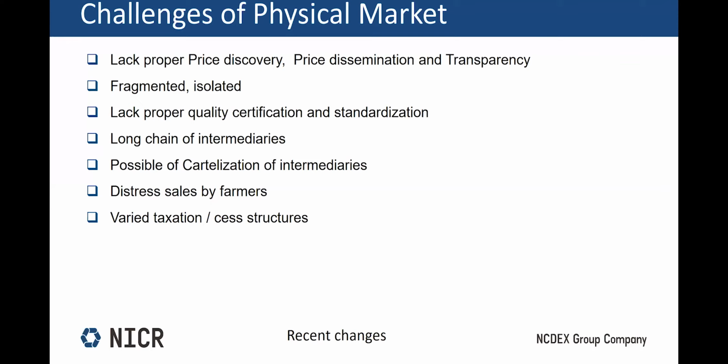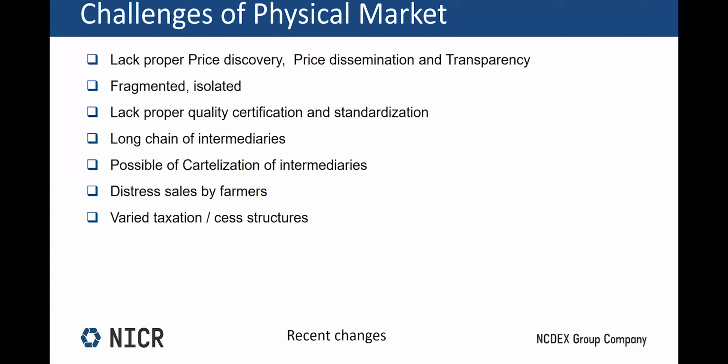Because these markets are not very liquid in terms of traders, you have a large number of sellers coming in and a small number of buyers, so there is always a possibility of cartelization. And definitely because we have small farmers with very little marketable surplus from our subsistence or small acreage, there is distress selling.